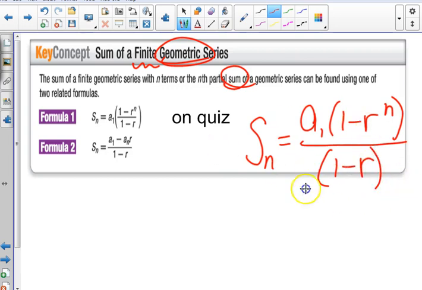So could you write that down on your paper? I'd really like you to write it this way, because it's not going to be written that way on the quiz, but you have to know that you really need extra parentheses there. You really only need them if r is negative, but I just always practice putting those there.